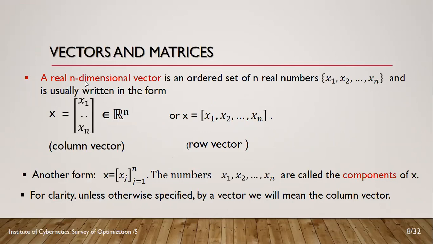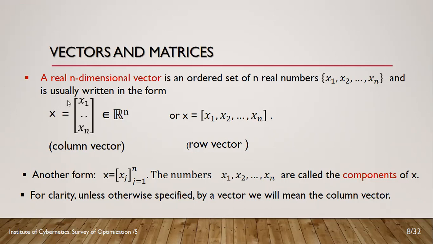A real n-dimensional vector is an ordered set of n real numbers x sub 1, x sub 2, up to x sub n, and is usually written in the following form. We use a single symbol for the vector, very often a capital letter, by the way.